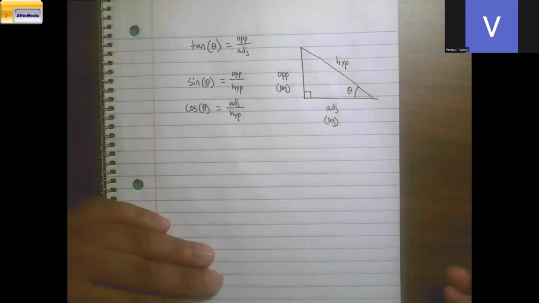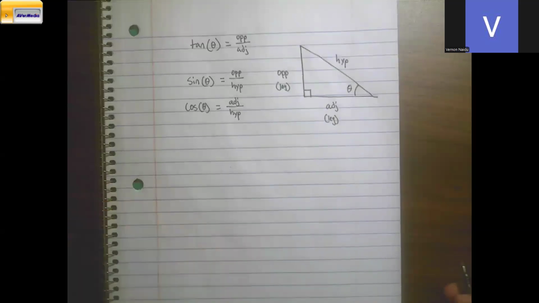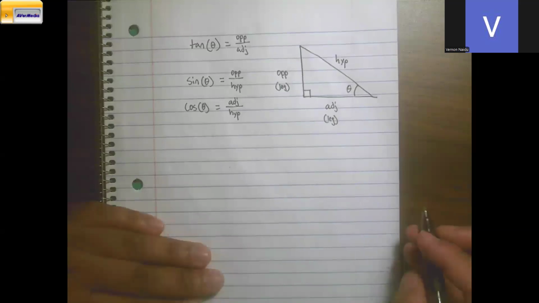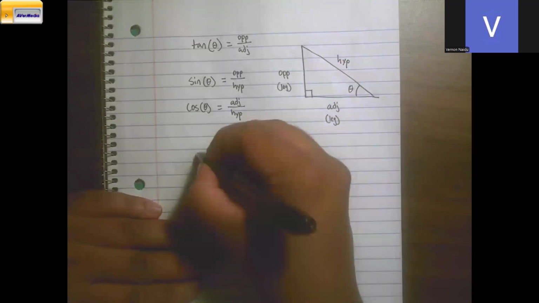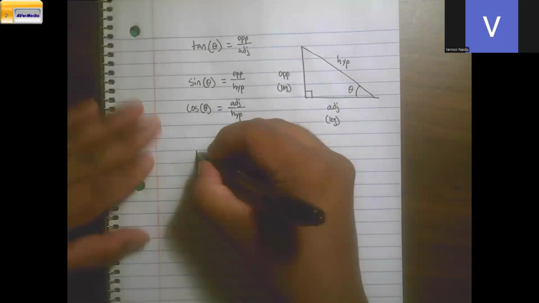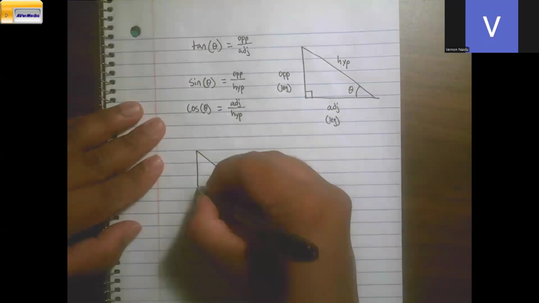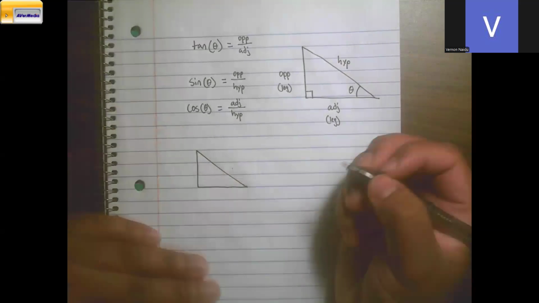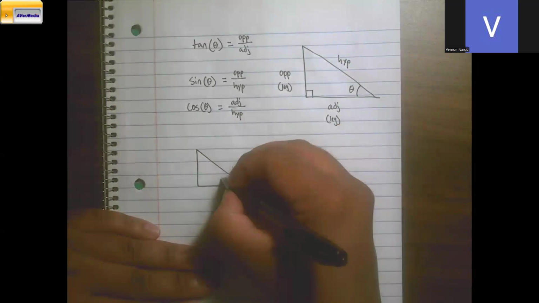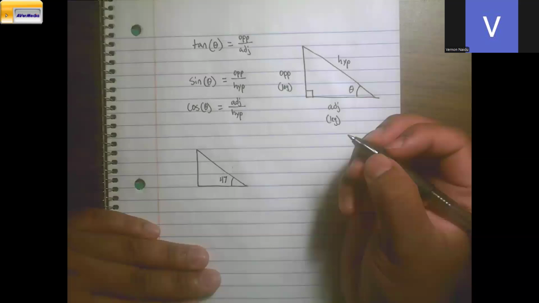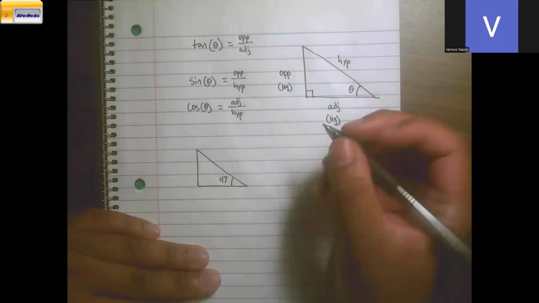So let's do some practice problems on when to use each of the trig ratios. All right, so if we have some angle here, let's call it 47. Now, I'm going to label one thing.